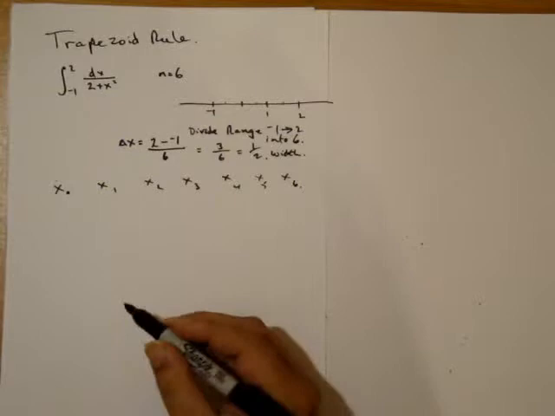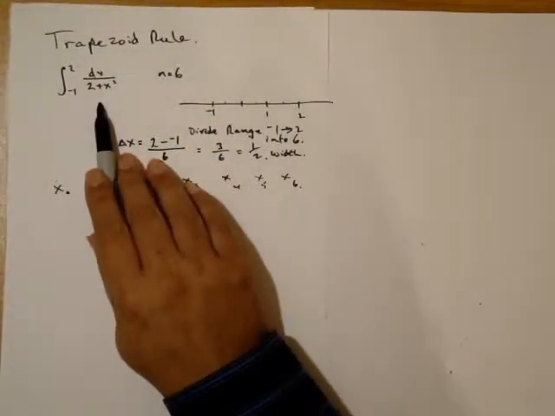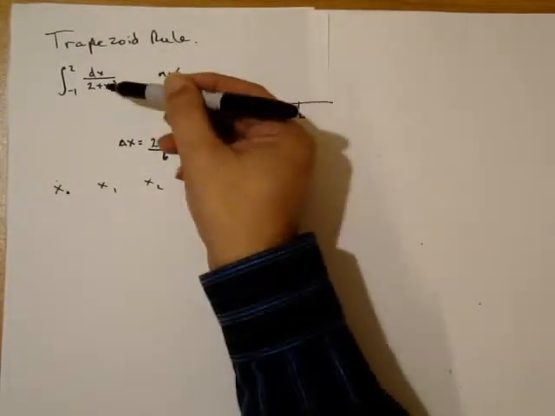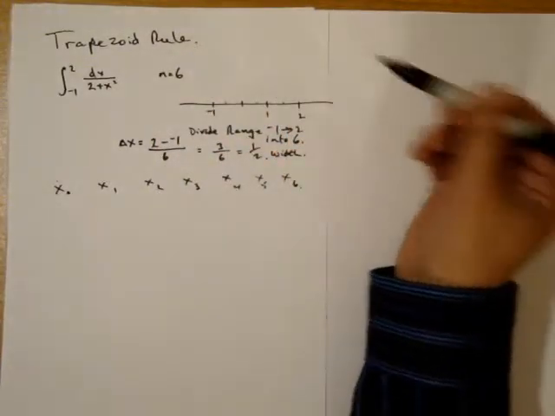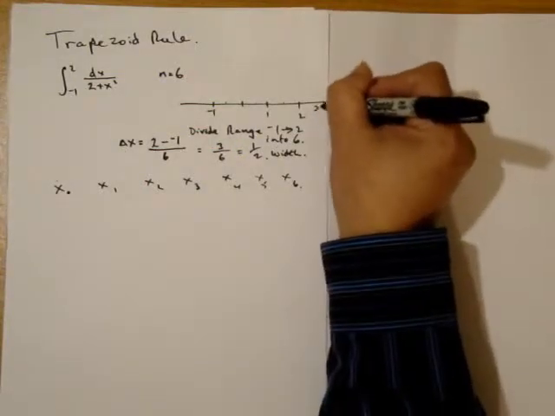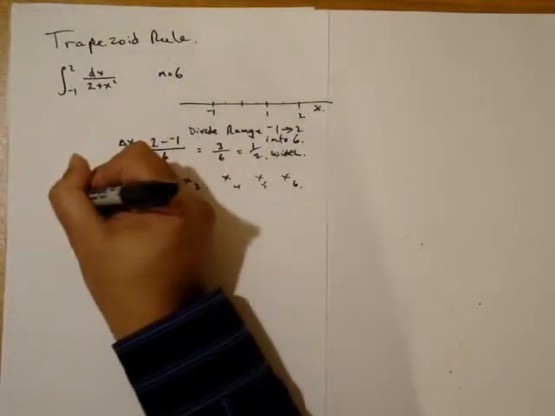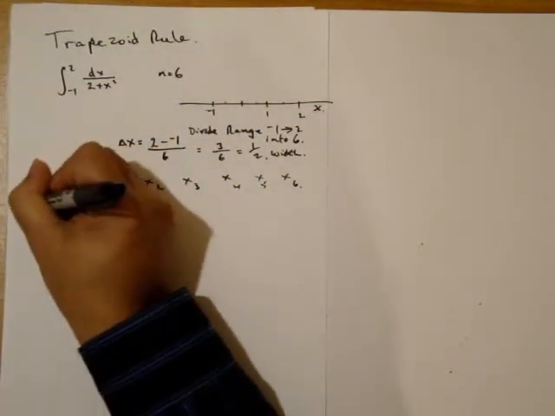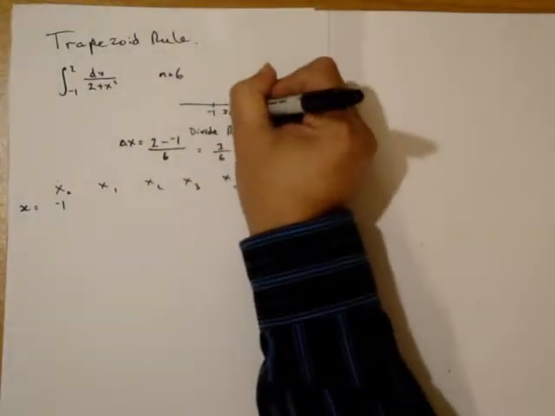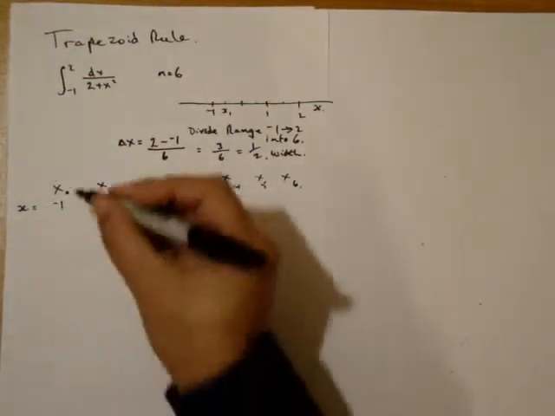Now first of all, we're going to work out what these values on the x-axis are. So x0 will be -1. At x1 here, it'll be -1 plus a half, which is -1/2.